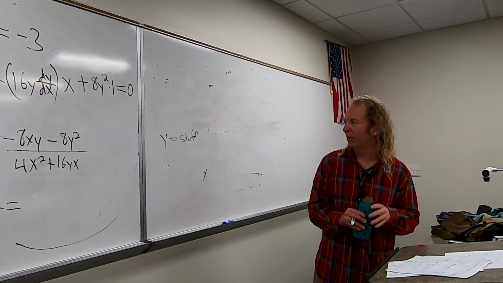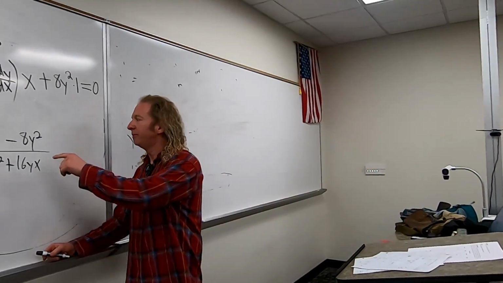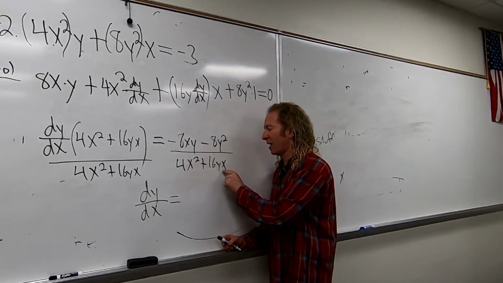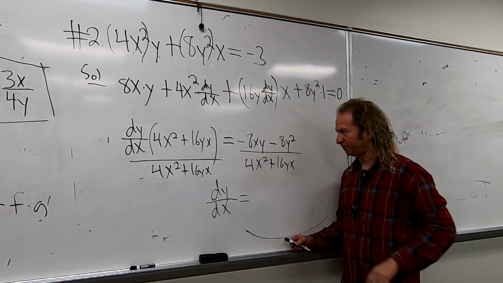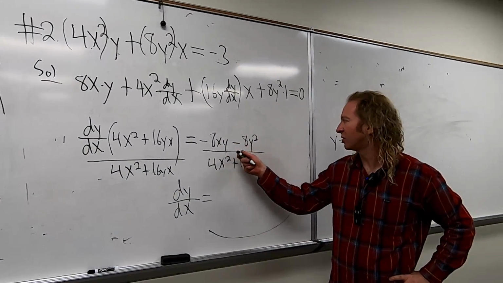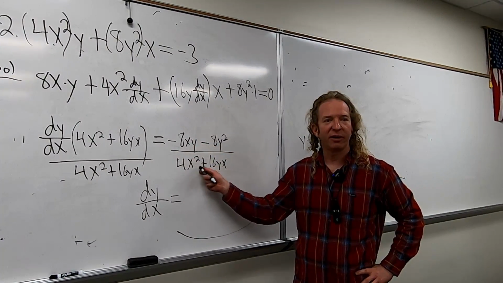So we can't cancel the x's and y's. That has a y, that has a y, that has a y, that doesn't have a y. So in order to cancel stuff, you have to factor stuff out. That one's missing an x. So I think what we can factor out from both is a 4, right? From the top and the bottom.